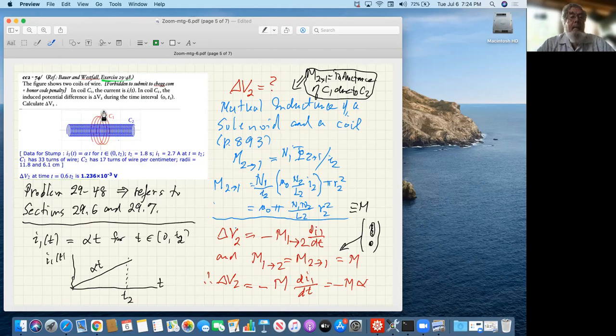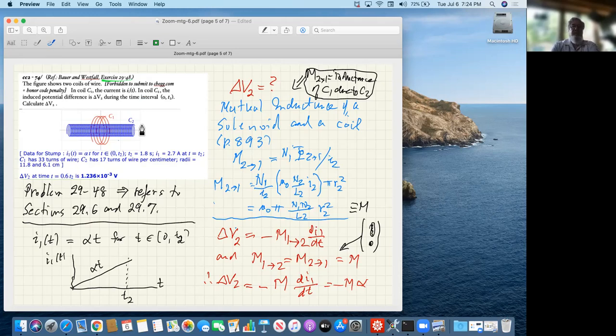You have coil C1, which is kind of short, and it surrounds the second coil C2, which is longer. And you're given the current in C1, and you're trying to calculate the potential difference from one end of C2 to the other, the induced potential difference across coil C2.